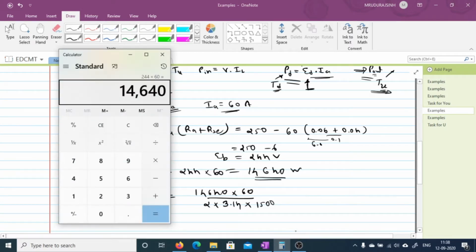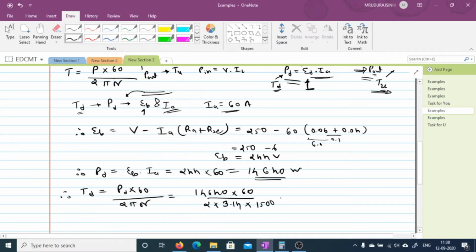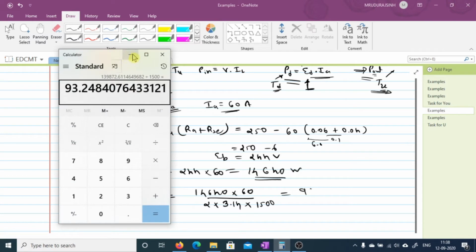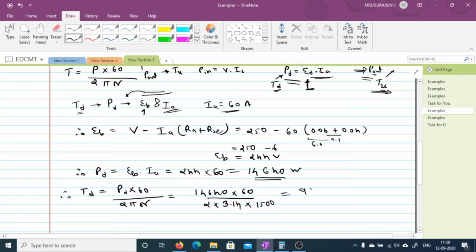So if we calculate this, multiply by 60, divided by 2, divided by pi and divided by 1500, this gives us 93.2 Newton meter. So this much torque will be developed at the rotor side, right?